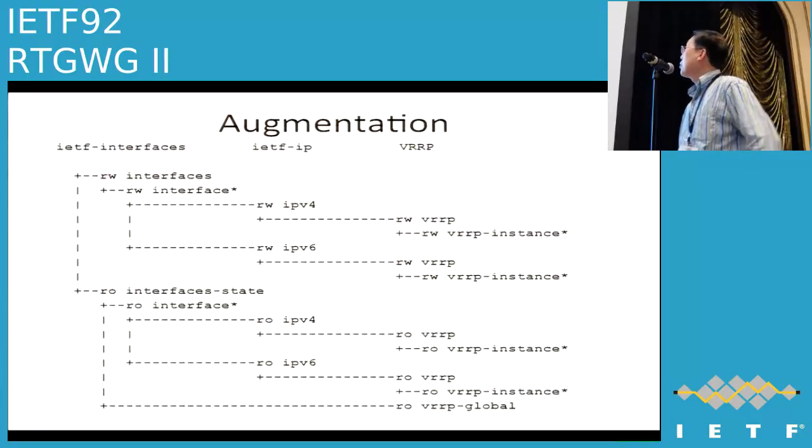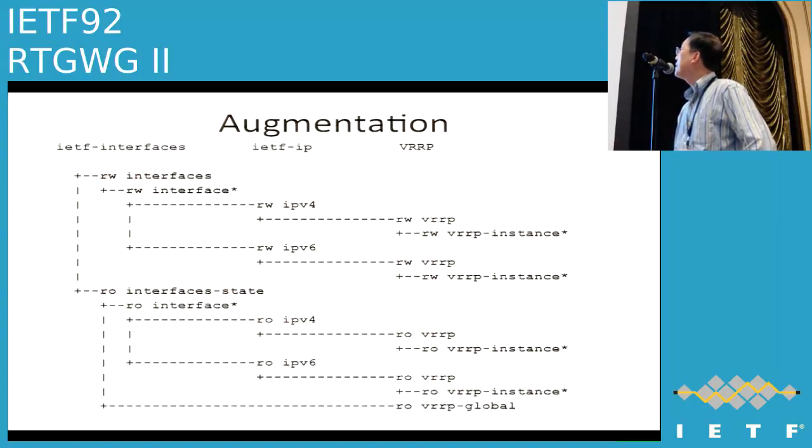The interface model provides two branches, the configuration branch and the state branch. On the top we have the VRRP configuration, and at the bottom we have the state branch.